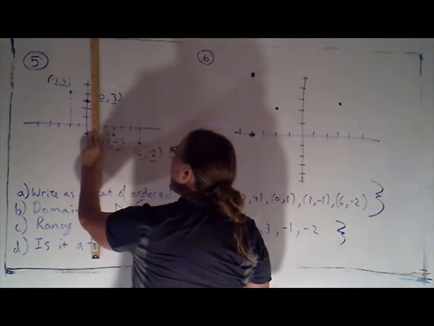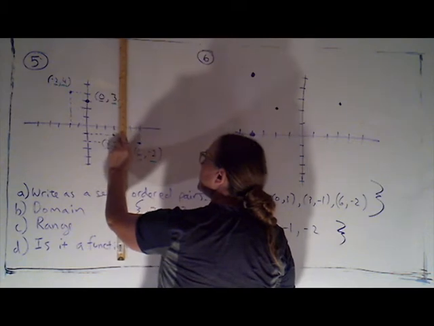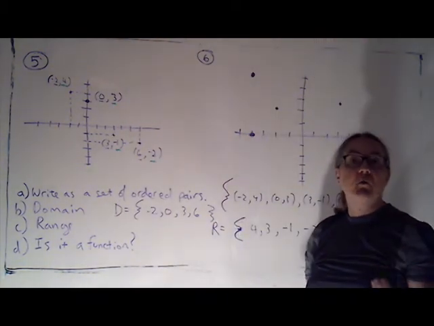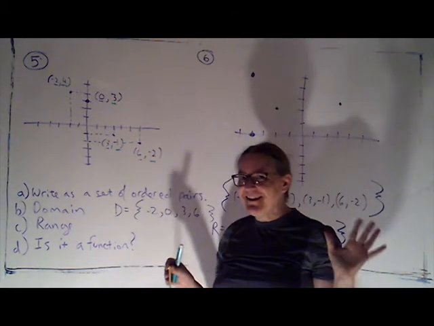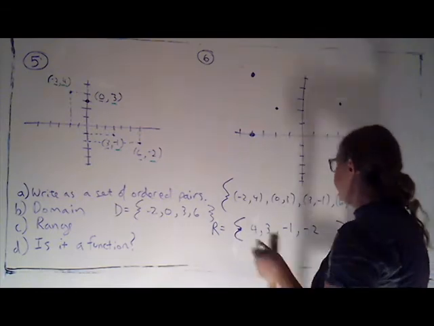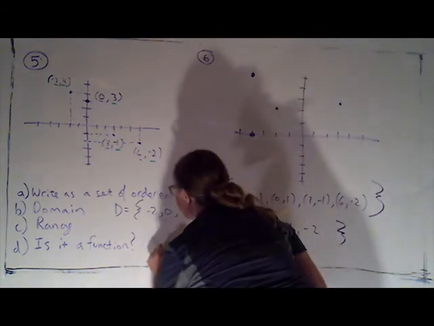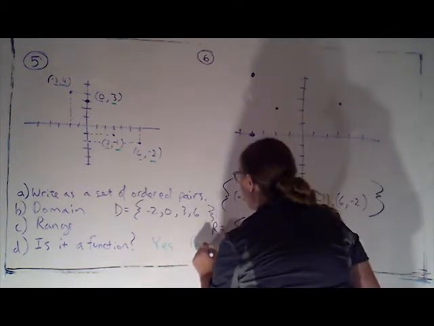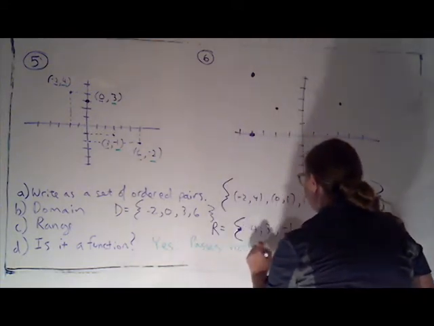And no matter where I put this vertical line, it never intersects the relation more than once. Sometimes there are no points on it, sometimes there's just one, but the answer to whether this is a function or not is yes. And the reason is it passes what we call the vertical line test.